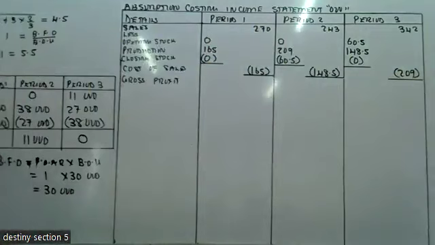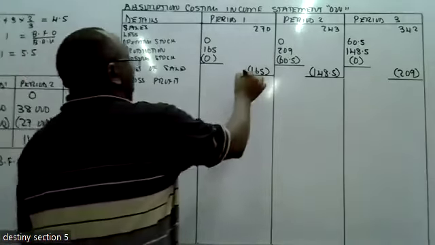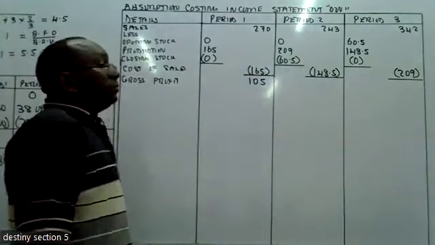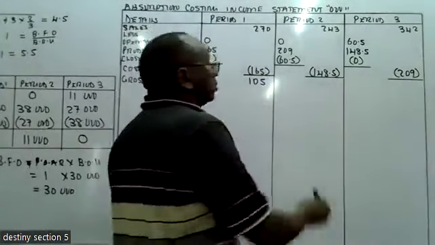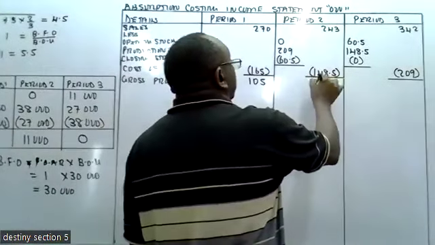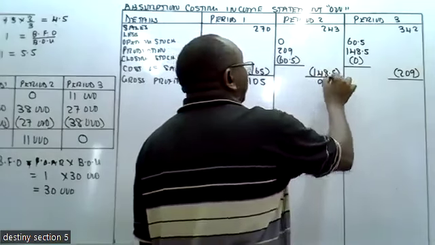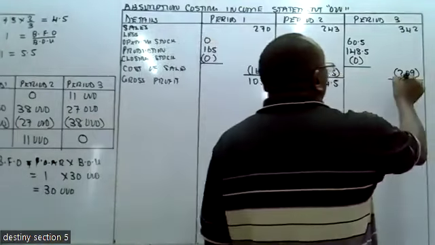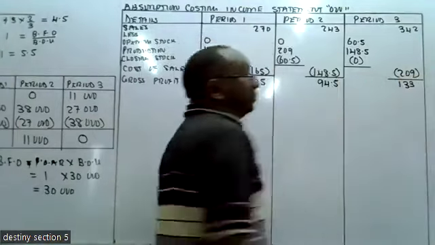So 270 minus 165, we get 105. The next one, 94.5. And the last one, 133.